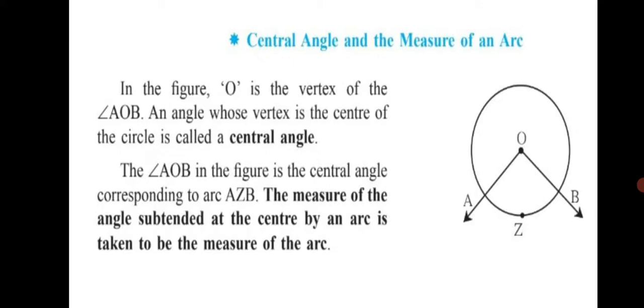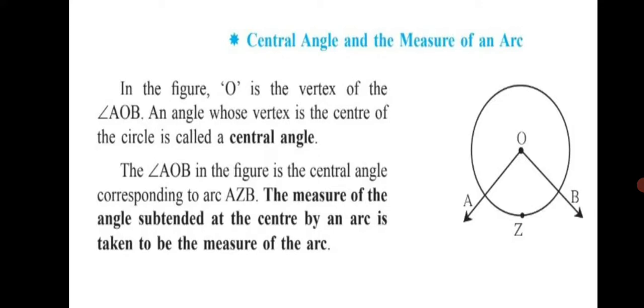The measure of the angle subtended at the center by an arc is taken to be the measure of the arc. So whatever is the measure of angle AOB will be the measure of arc AZB. Suppose I say angle AOB is 50 degree, then we can say that the measure of arc AZB is also 50 degree. So this way you can find the measure of the minor arc if it is formed due to the central angle.